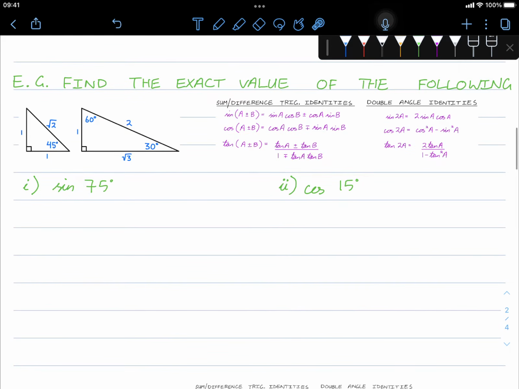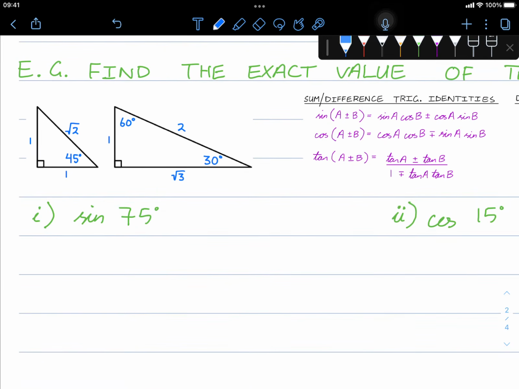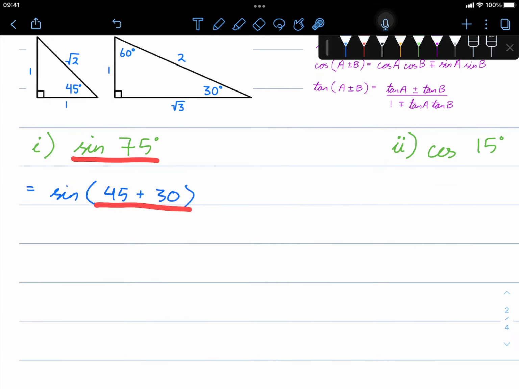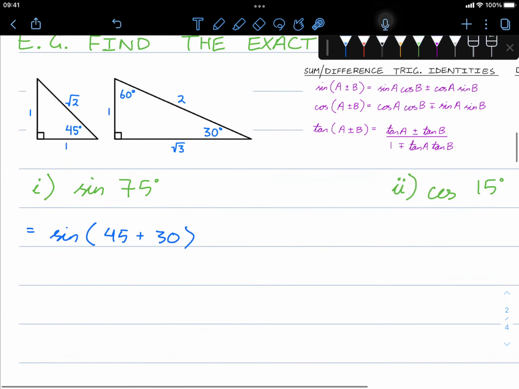So here we go. To solve this, since we don't have sine 75, 75 can actually be made up of, we'll use the larger one first, 45 plus 30. So 45 plus 30 is 75. So sine 75 can just be sine of 45 plus 30.